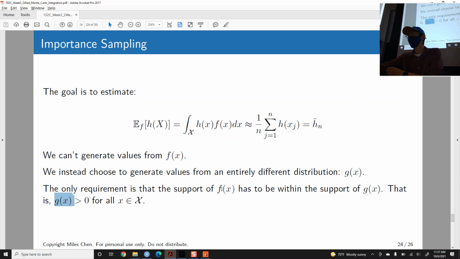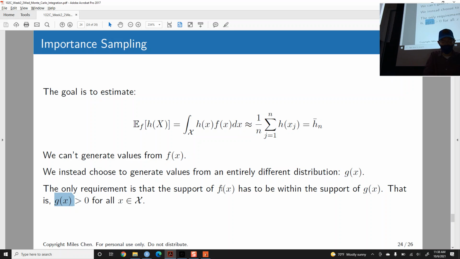Yeah, question? Does it have to work the other way? Does everything outside the support have to be 0? No. So g could go from negative infinity to positive infinity, and f is just defined on 0 to 1. That's allowed. It's going to be very inefficient, but it's allowed.